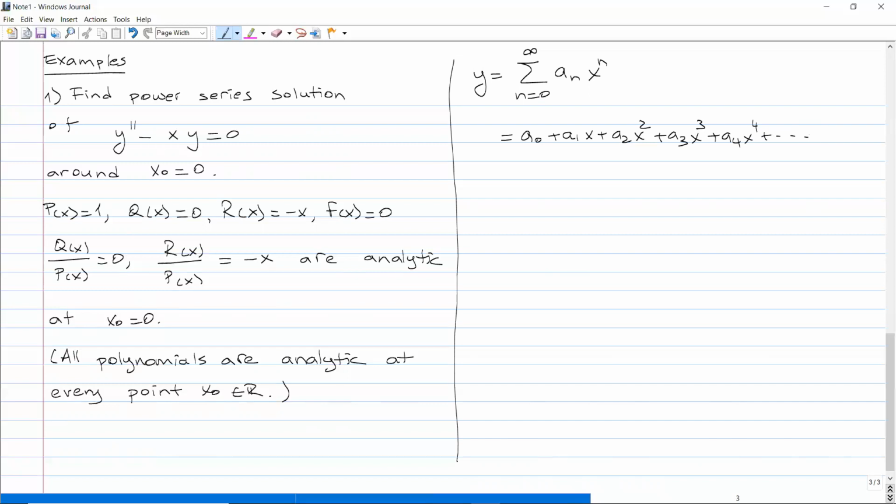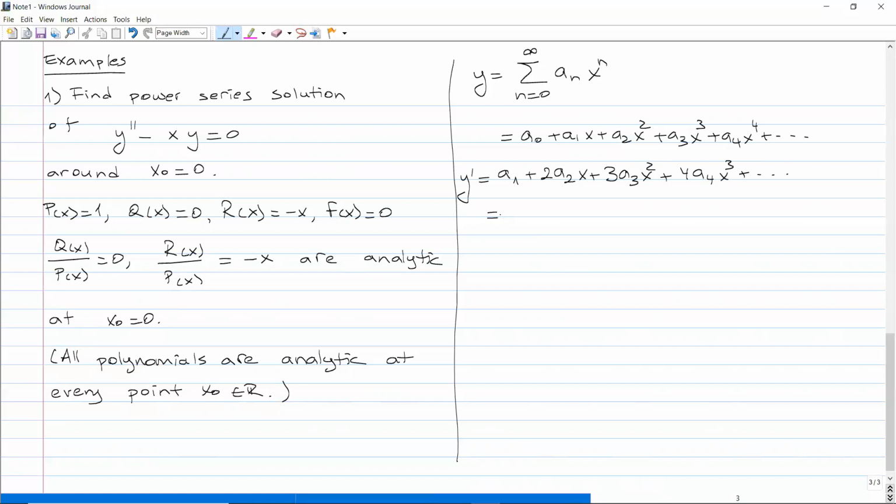Now we are going to take the derivatives and substitute into the equation. What is the first derivative? The first term in our expansion is the constant a0, so its derivative is 0. The first term of the derivative is going to be a1. Next term is 2a2x plus 3a3x squared plus 4a4x cubed, and so on.